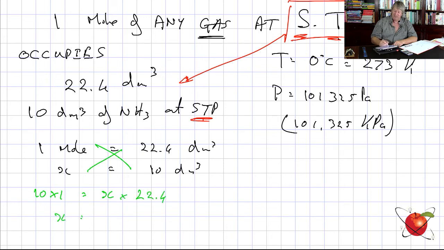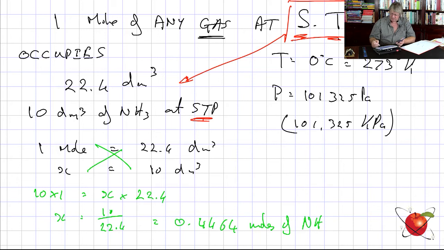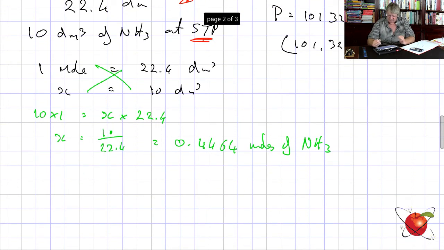Therefore, X is 10 over 22.4, which is 0.4464 moles of NH3.